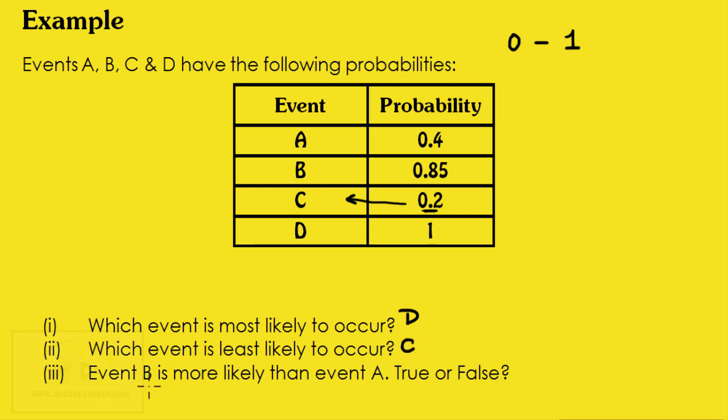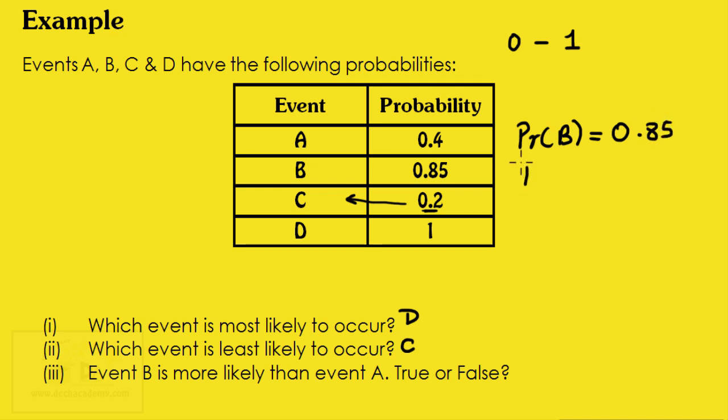Here's the third question. It says event B is more likely than event A. True or false? So I'll just rephrase that. Event B is more likely to occur than event A. True or false? What's the probability of event B? 0.85. So I'll just use PR to represent probability. Probability of event B is 0.85.